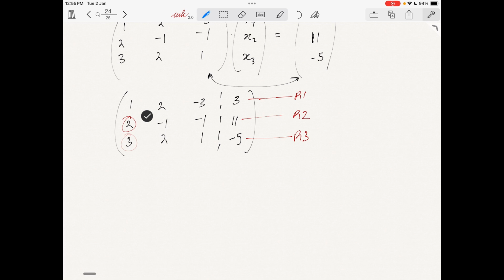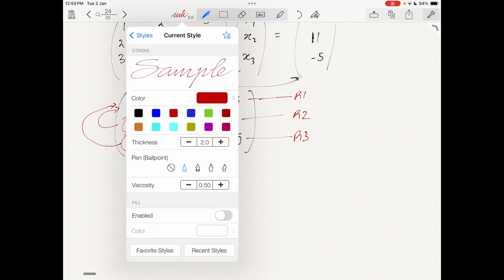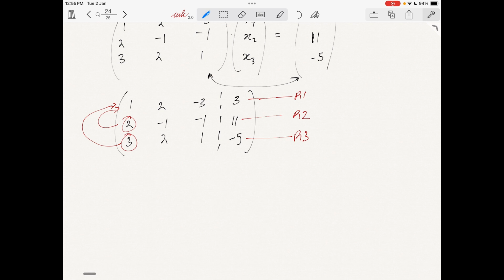We can perform an operation between row 2 and row 1, and also between row 3 and row 1. So what operation will I do with row 2 that will turn this 2 into 0?